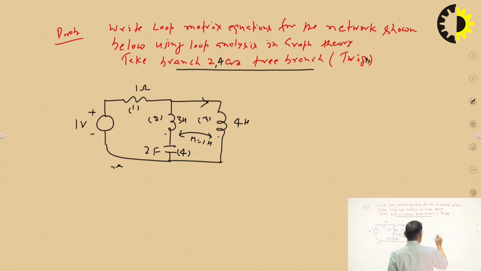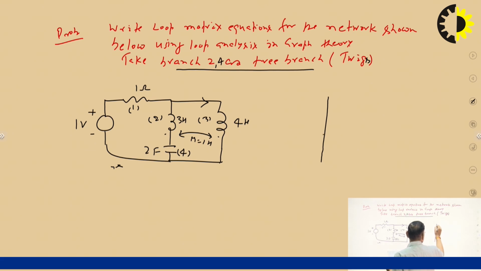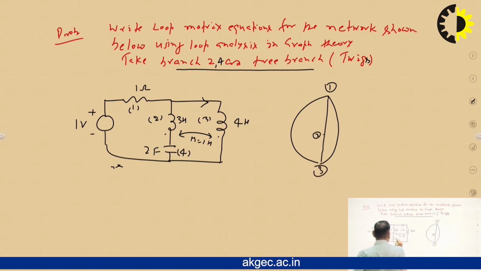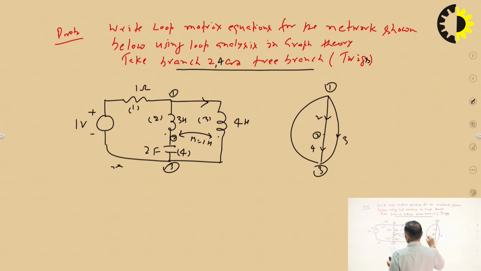For your reference, I can draw the graph of the network. There are 3 nodes: 1, 2, and 3. So for your reference, I have drawn the oriented graph.